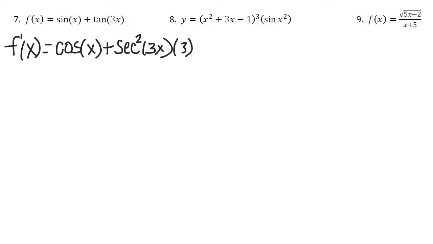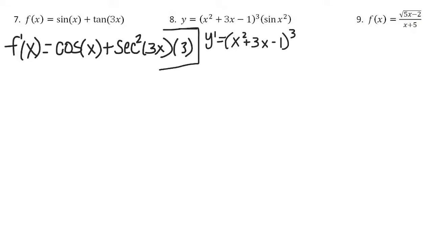What rule do you need to use for number 8? Chain rule. And what else? Product rule. All right, so I'm going to box that in so I don't run into them. All right, so y prime equals, let's see, the first, so (x squared plus 3x minus 1) cubed times the derivative of the second.